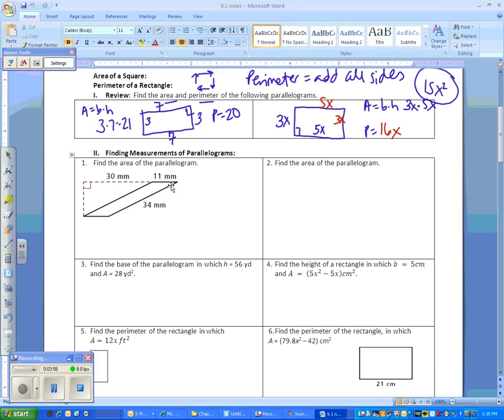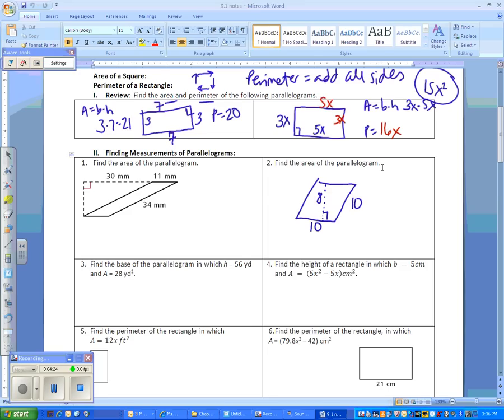Find the area of the parallelogram. This one is slanted. Sometimes some of the dimensions are going to be missing. Sometimes they're going to all be there. Let's actually do number 2 first. Let's say I give you this parallelogram and I tell you that the base is 10, and let's say that this is 10 as well, and that this is 8.